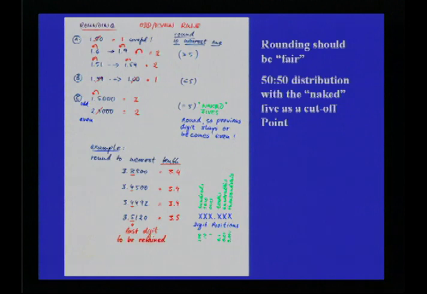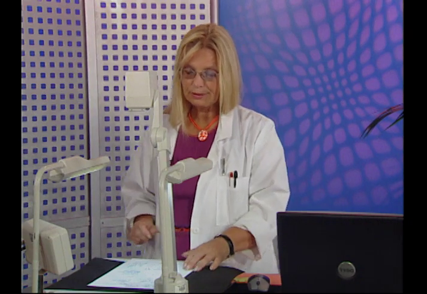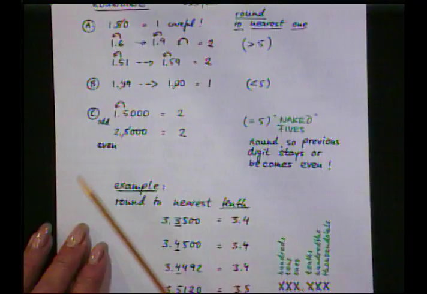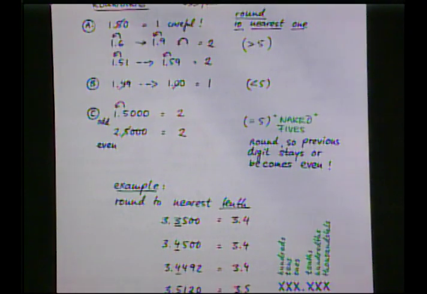Now, what if you have a measurement that has to be rounded? We have to remember, when we use significant figures, we have to round according to the rules. In this case, we have an odd-even rule.